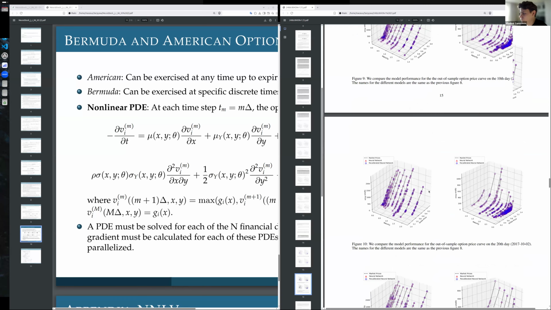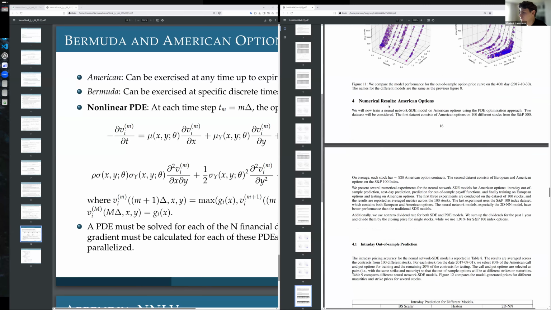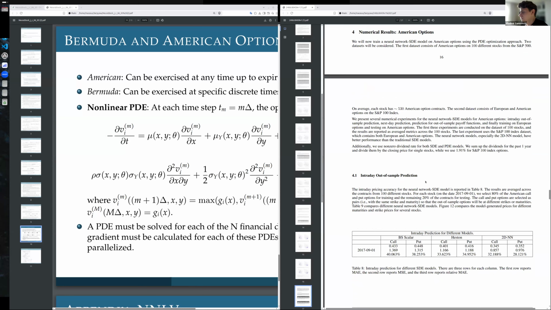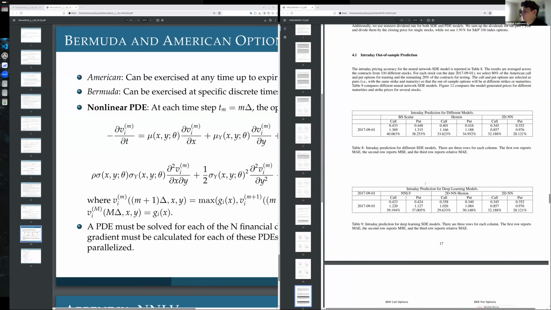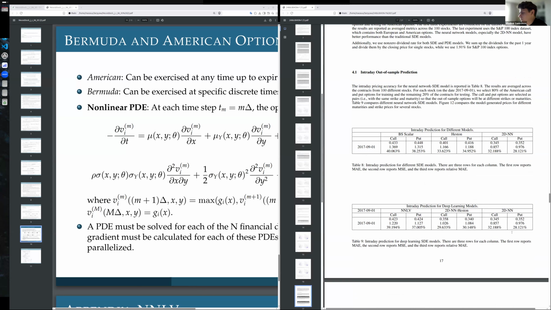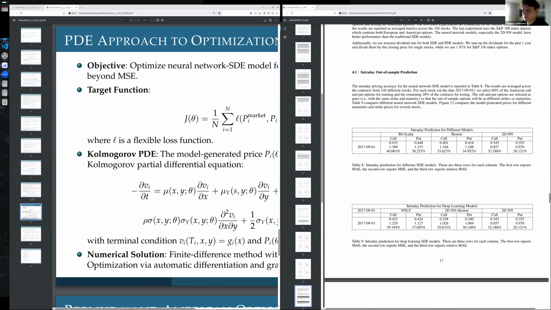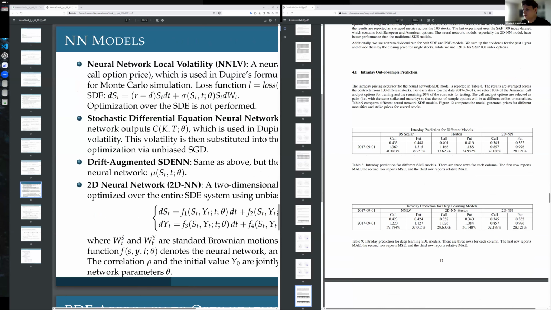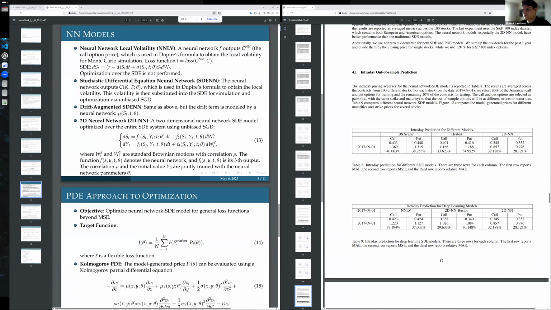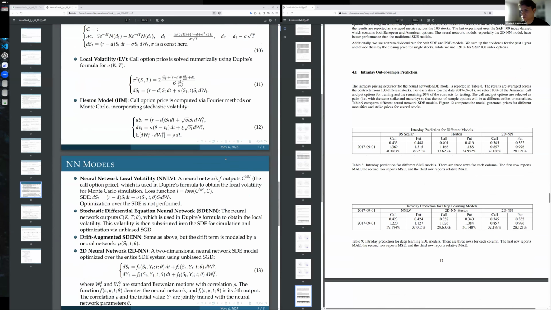Okay, let's move to numerical results for the American option. They didn't mention in the paper what the two-dimensional Heston model is, so we should just ignore it, I think.